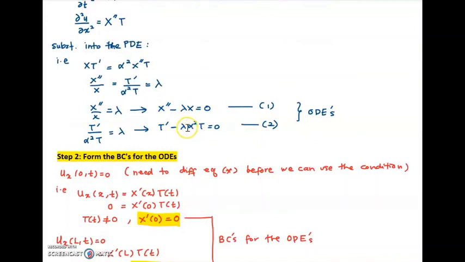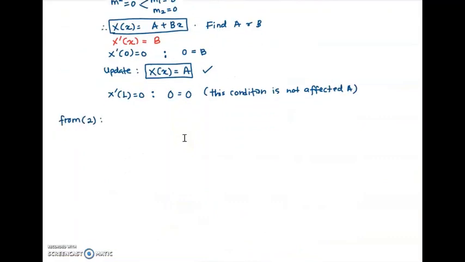Now we are discussing lambda equals 0, so equation 2 becomes t prime equals 0. Again this is homogeneous with first order derivative only, so we have m only, m equals 0. So we have a single root, and we need to treat this as the distinct case.